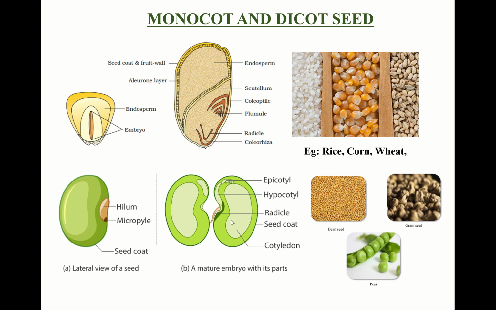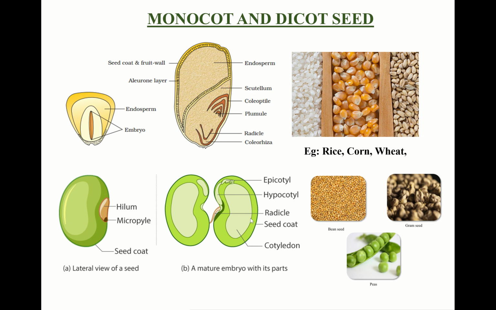You can see there are two cotyledons here, whereas there is only one cotyledon in case of monocots, and the shield-shaped cotyledon is called scutellum. So this terminology you should remember. Whereas in case of dicots, there are two cotyledons. The main function of cotyledons is to store food as well as nutrients.